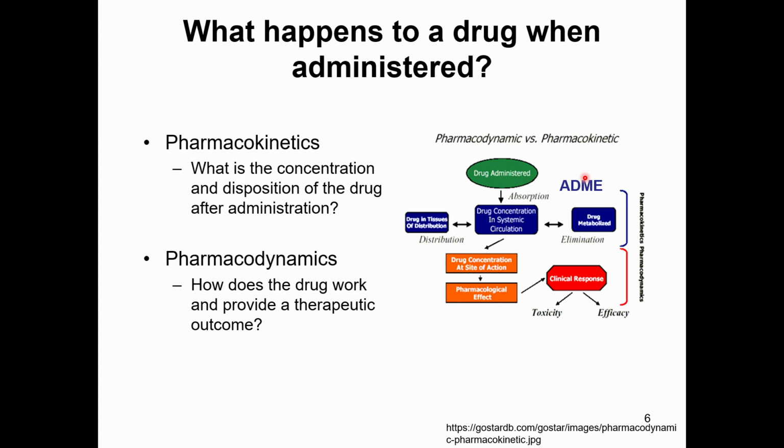So I want you to definitely be thinking that it's important how the drug gets absorbed, how it's distributed throughout the body, how it reaches the bloodstream, what levels it builds up to. But equally important is how quickly that drug is metabolized into something else, and how it is excreted.